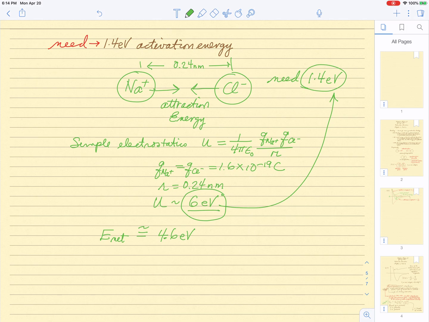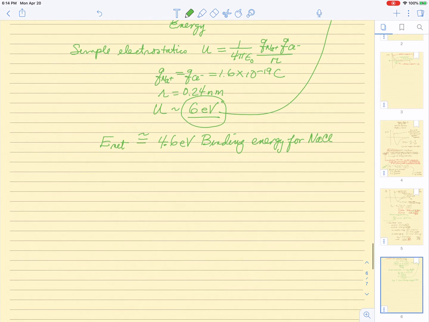That is the binding energy for sodium chloride.